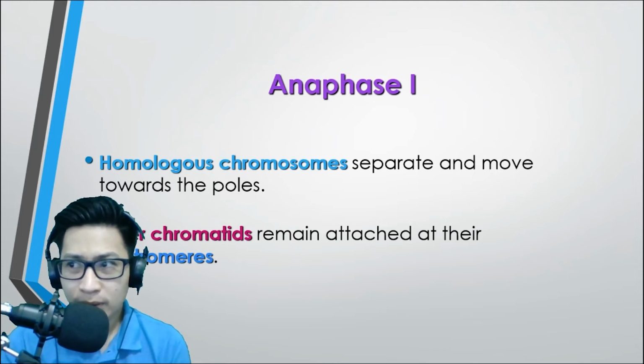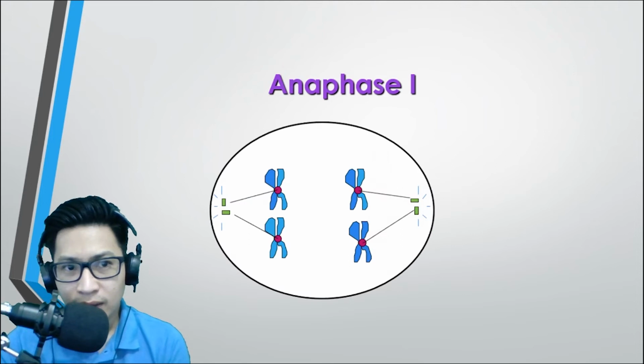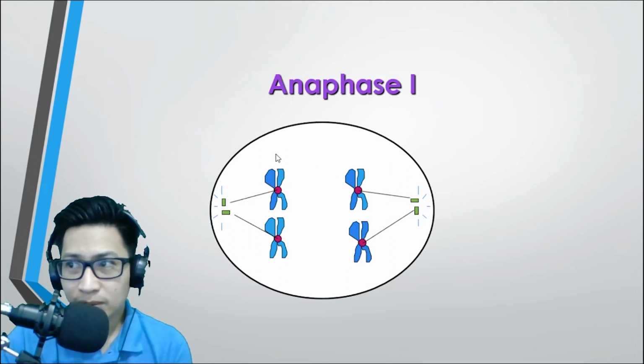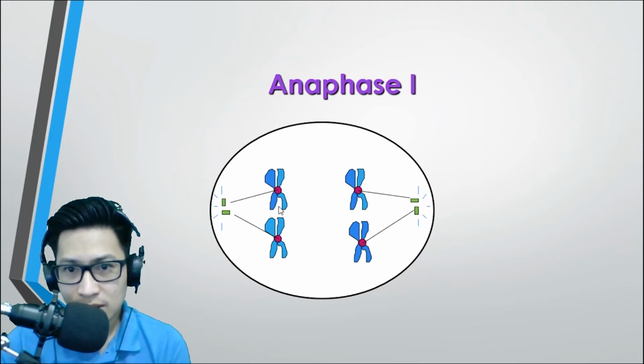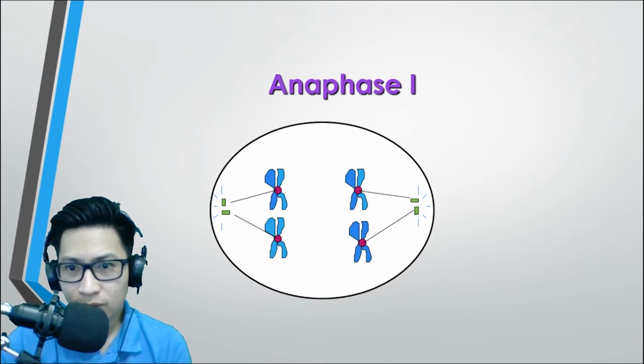Then the sister chromatids remain attached at their centromere. Ito yung illustration natin. In mitosis, mahahati na yan sa anaphase. The two sister chromatids will be separated from their centromere. However, in anaphase I, the homologous chromosomes will separate from each other, but the sister chromatids will remain attached at their centromere.